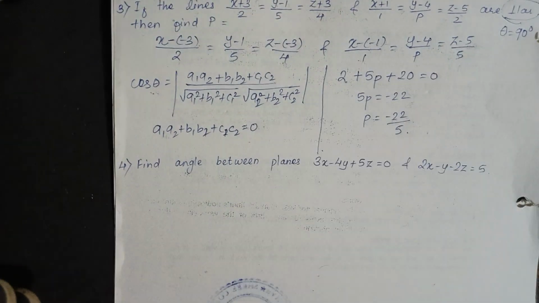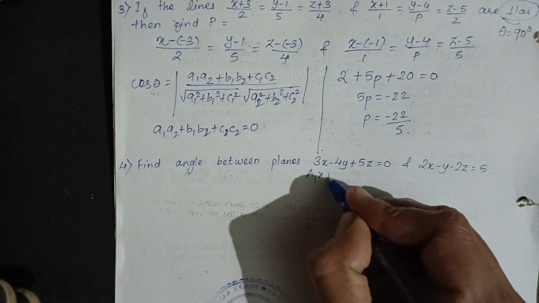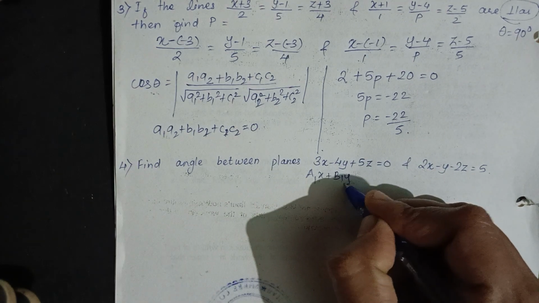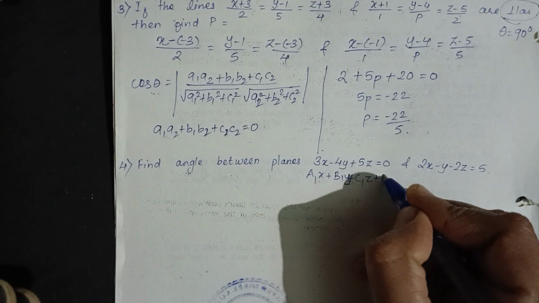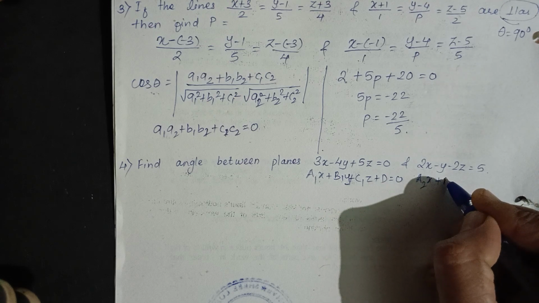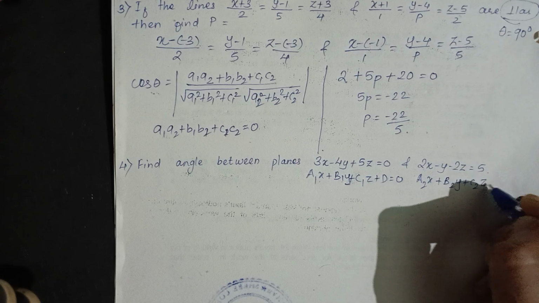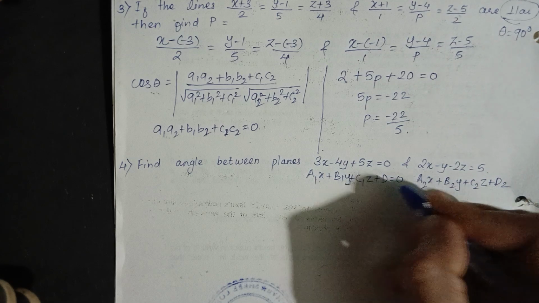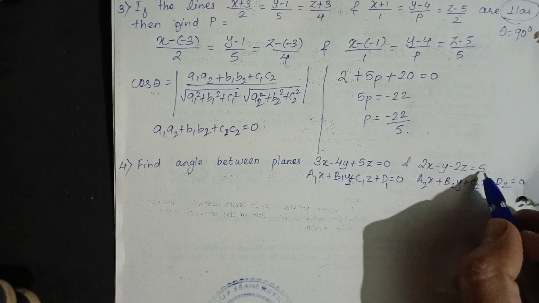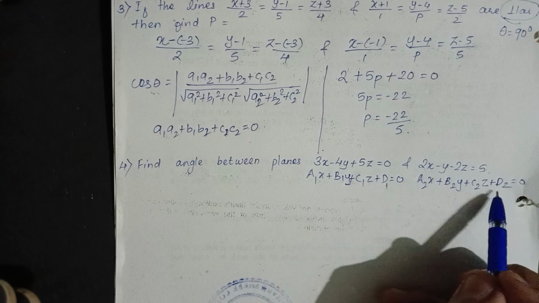Next you have to find the angle between the planes. Here the planes are given in the Cartesian form: a1x plus b1y plus c1z plus d1 equal to 0, and a2x plus b2y plus c2z plus d2 equal to 0. But there is no need of d.